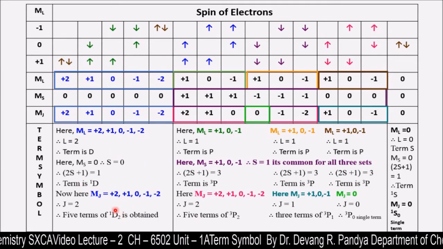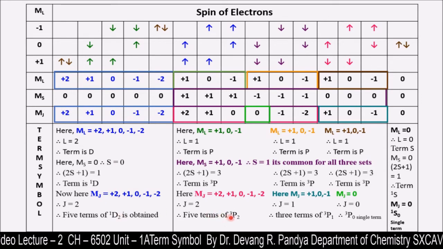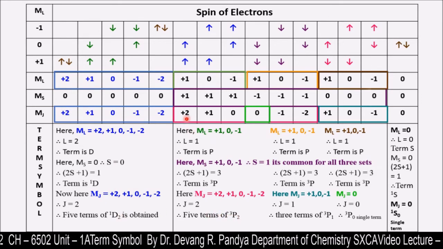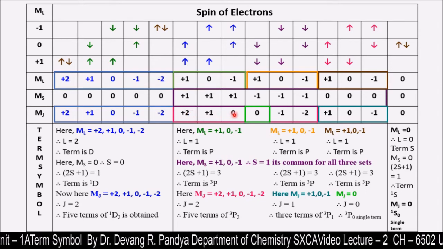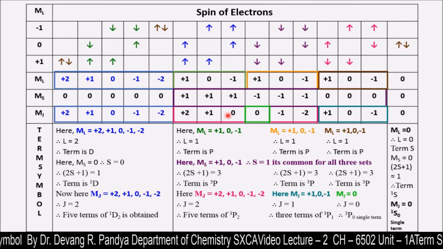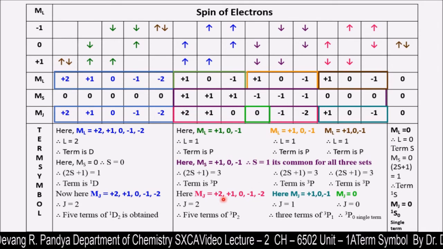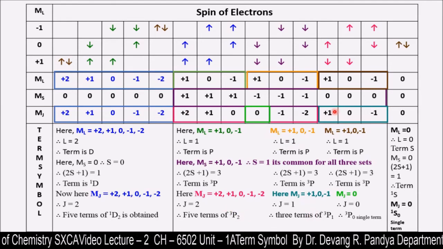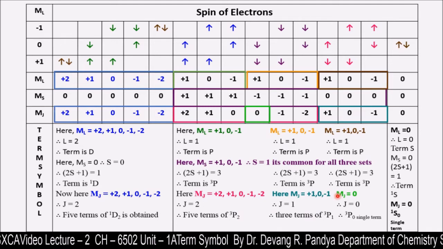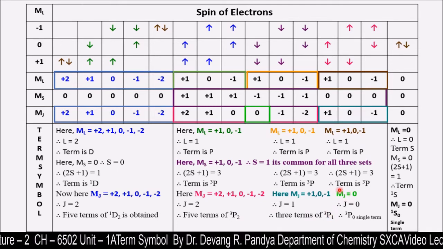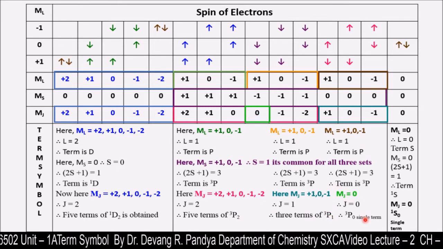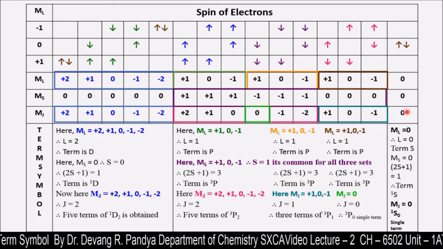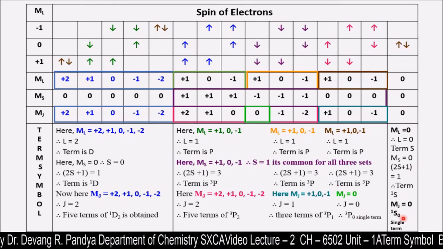For that we have singlet D2. This is triplet P2, that is for this 5 degenerate set of microstates 1, 2, 3, 4 and 5. For that we have triplet P2, and for this 3, that is 1, 2 and 3, we have triplet P1, and for this single we have triplet P0, and for this single we have singlet S0.